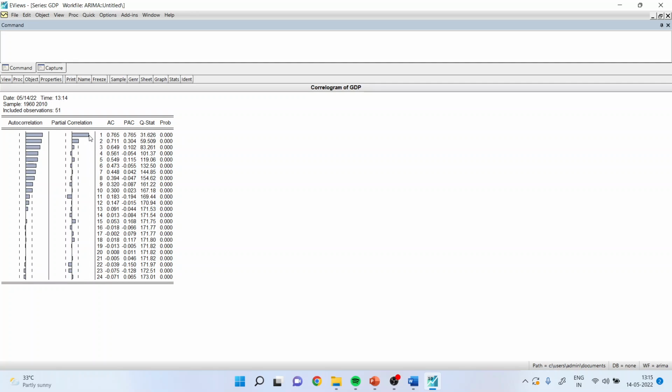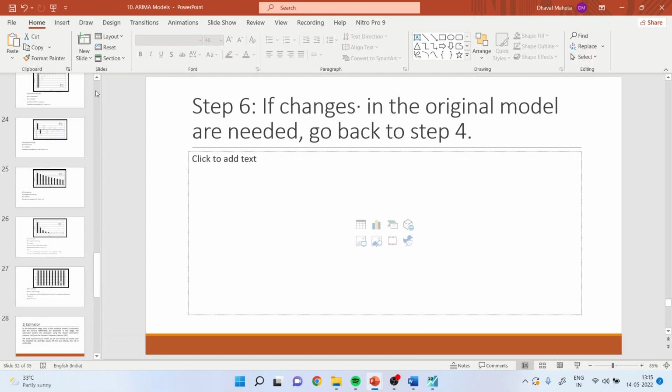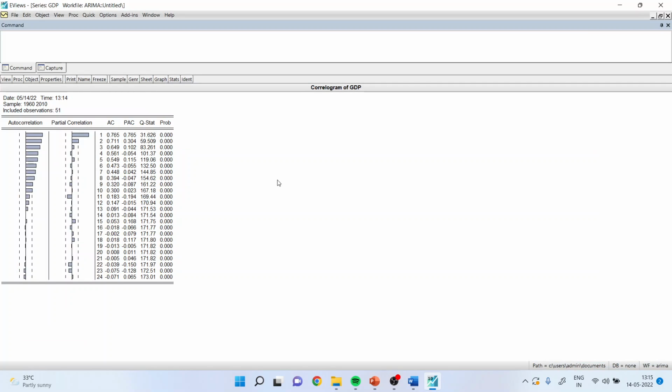Let us go back to our guideline. Our guideline is if PACF is having a single positive spike at lag 1 and ACF is geometric, it's a clear-cut indication that possibly it is an AR1 process. We'll have to confirm this by using the probability values.